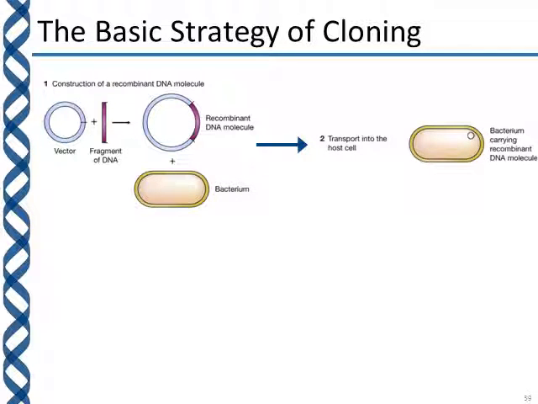The plasmid is then transported into the host cell such that you now have a bacterium carrying the recombinant DNA molecule. This involves what we also just discussed, the competence and transformation. You have multiplication of this recombinant DNA molecule.